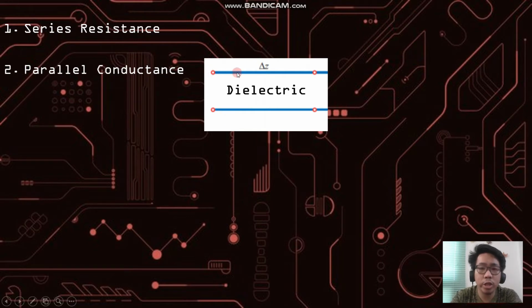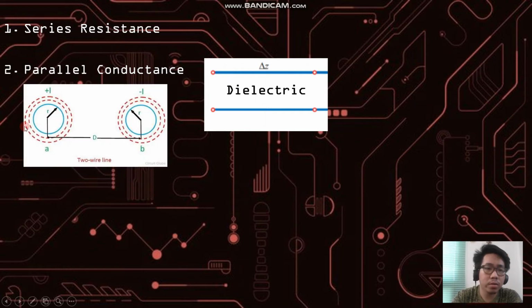Next, when there are changes in the current flowing in the conductor, it produces a magnetic flux around the conductor, which further induces the EMF or voltage, which opposes the direction of the current. We will call that property the inductance.